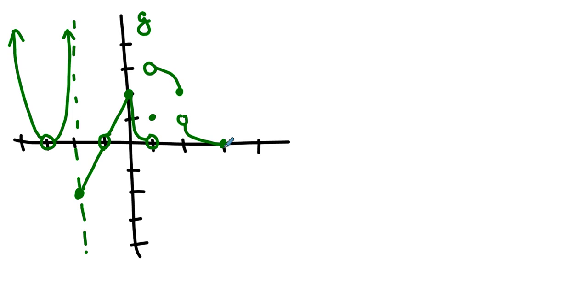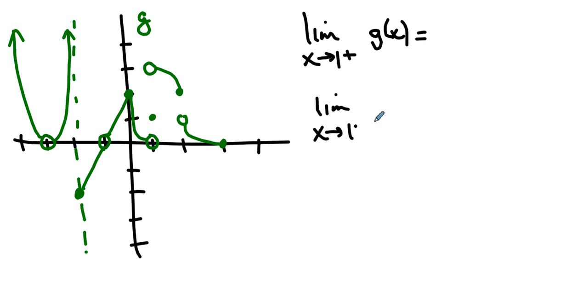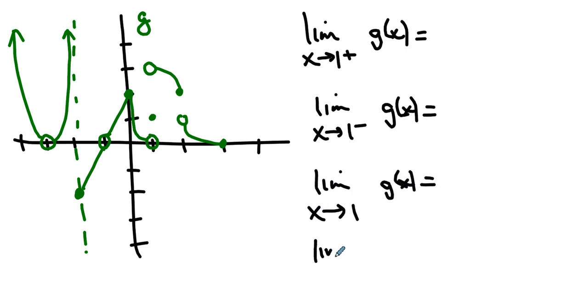So this is a crazy function, and I want to find the limit as x approaches 1 from the right, and the limit as x approaches 1 from the left, and the limit as x approaches 1. And while we're at it, the limit as x approaches -2. Okay, take a moment, hit the pause button, try those out, make sure that you know what you're doing, and then we'll talk about them in just a few seconds. Don't wait too long.